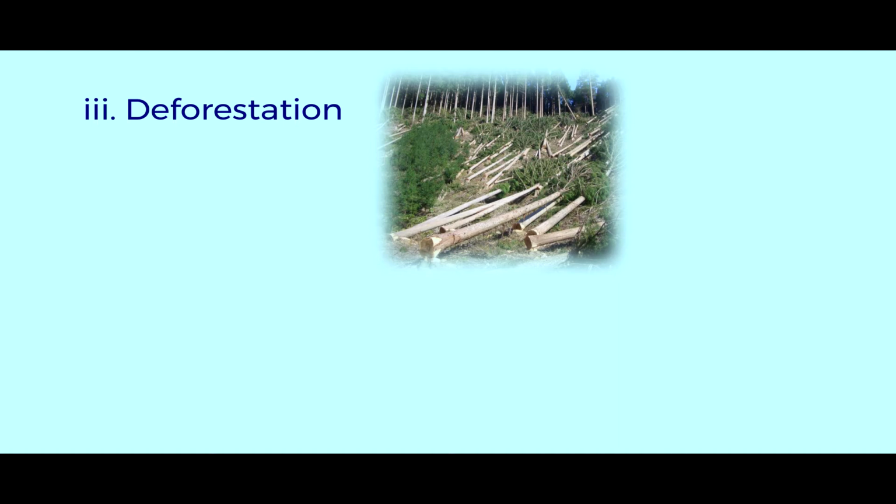The third important thing is deforestation. Since the coming of industries and also for agriculture, we have cleared a lot of forests. A huge amount of forest is being cleared just for industries, agriculture, and human settlement. Now let us look at what happens once a forest is cleared.